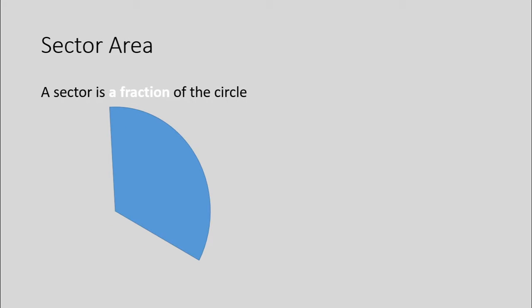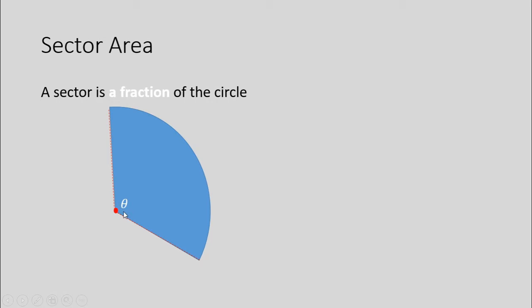Now for any sector area, express this as some fraction of the circle by first working out what angle we see here between the two radii. So I'll plot my center point of the circle and the two radii that go out from the center point to the ends of the arc that encloses this sector. Now, I'm going to label that angle there with the Greek letter theta for now, because I'm not sure what the value is.